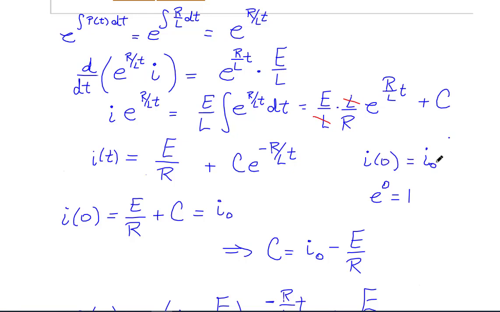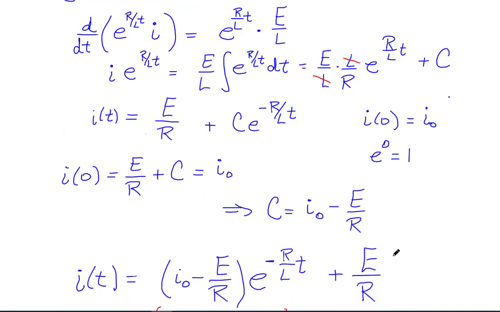We have an initial current, and I need to realize e to the 0 is 1. So when the time is 0, e to the 0 is 1. And so I get E over R plus C is my initial current, and I can solve for the constant.